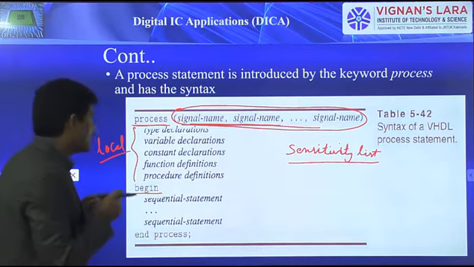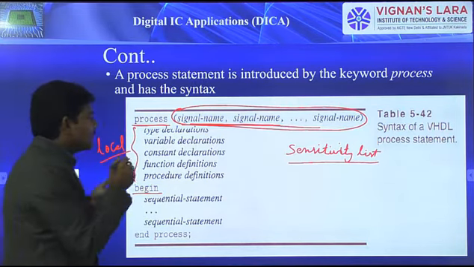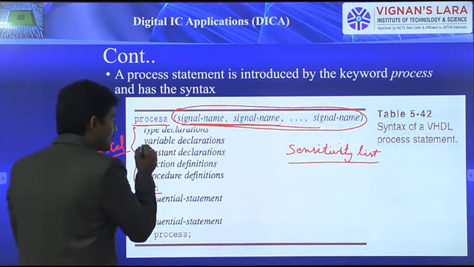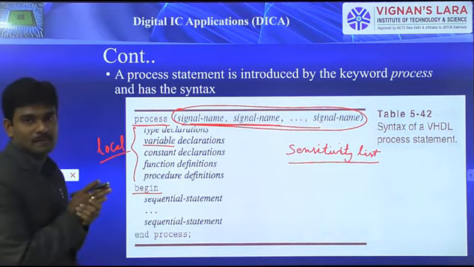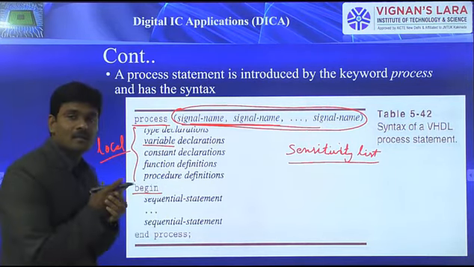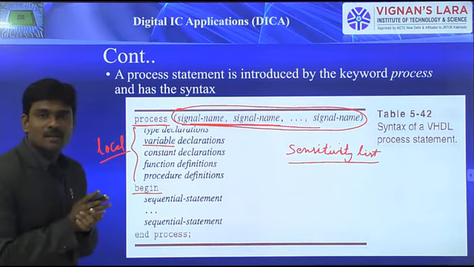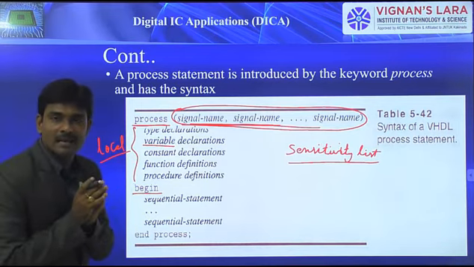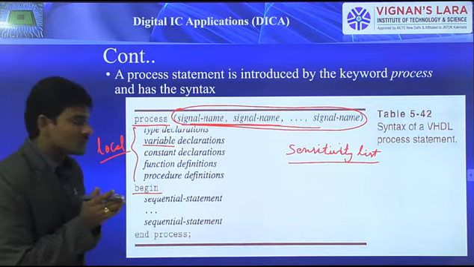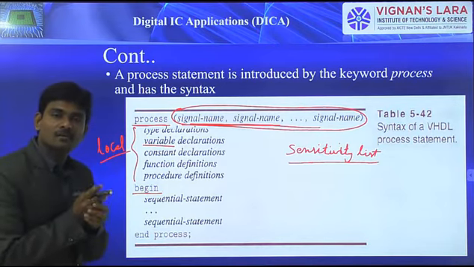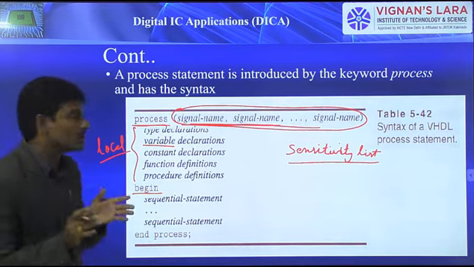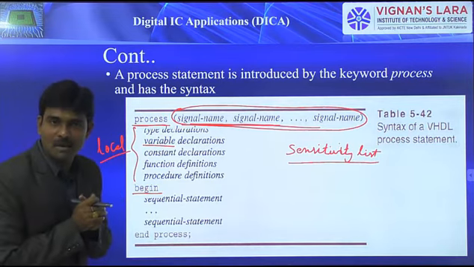And one more thing: in the architecture we mentioned type declaration, and after that signal declaration. But here we consider variable declaration, because within a process we should not declare signals. Instead of signals we are going to use only variables. So this is a thumb rule you are supposed to remember.